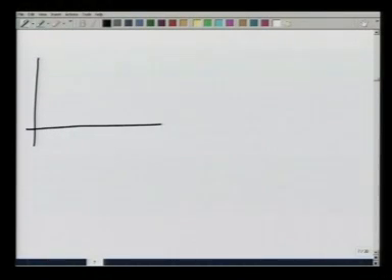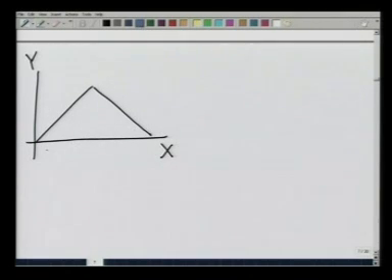Again, I make this triangle, x, y, b, a, h, and to calculate the y coordinate, I take the elemental area dA like this.